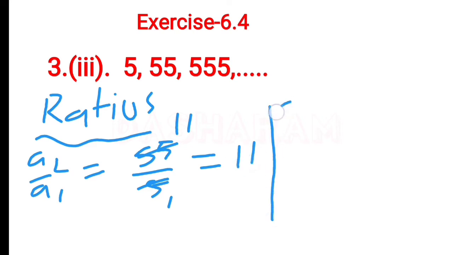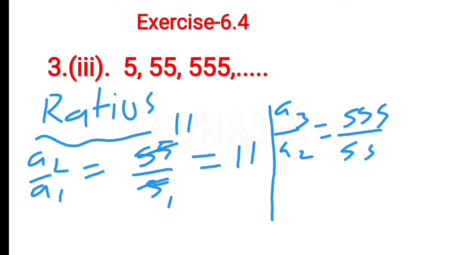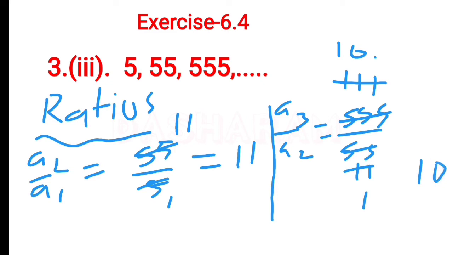Next, the second ratio, A3 divided by A2. What is the A3 value? 555 divided by 55. See here, 5 elevens are 55. Now 11 table: 11 ones are 11, 11 tens are 110, 1 remainder. Here take the point 0, but 10 is not coming in the 11 table, so take 0.